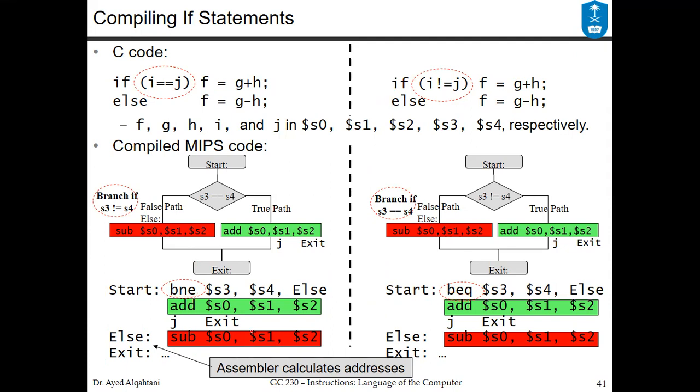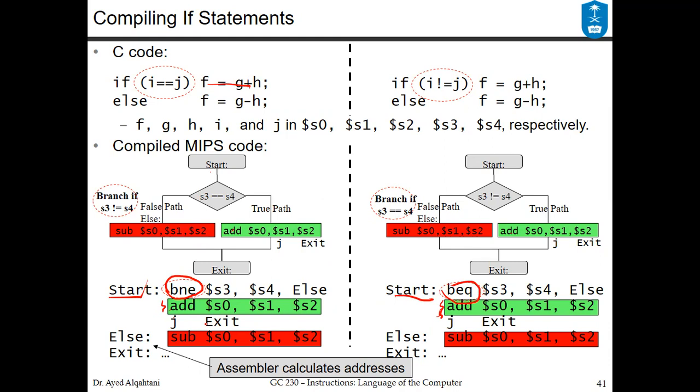Here are 4 pieces that are important. The first one is what to use, the branch not equal here and branch equal here. Before that, you have the start label, this label. That's the first piece of information. The second piece of information, what is in the true path, which is here. You copy the true path, followed by jump to exit.